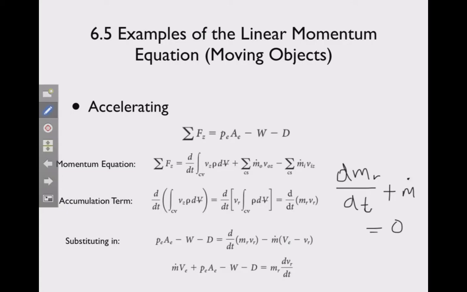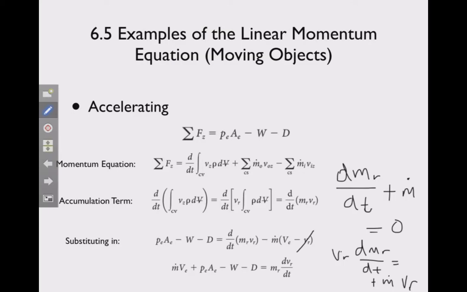This equation is going to cancel this term right here. You're going to have v_R dm_R/dt equal to minus m dot v_R. I'm sorry, plus m dot v_R.